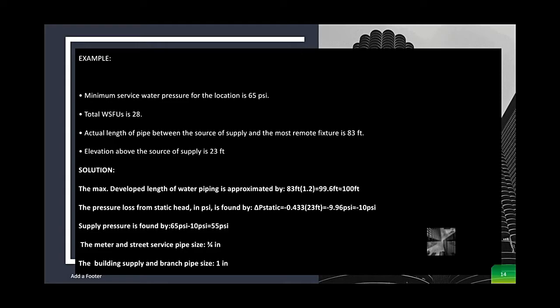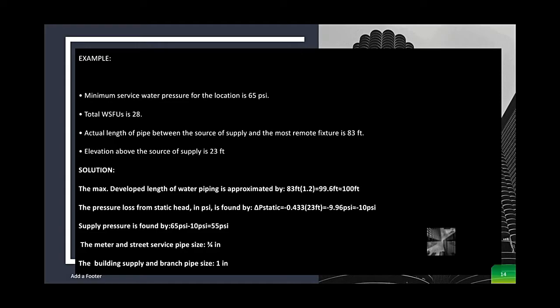And then, para ma-obtain naman natin yung supply pressure, isa-subtract lang natin yung nakuha nating static head dun sa service water pressure. So, 65 psi minus 10 psi is equals to 55 psi.